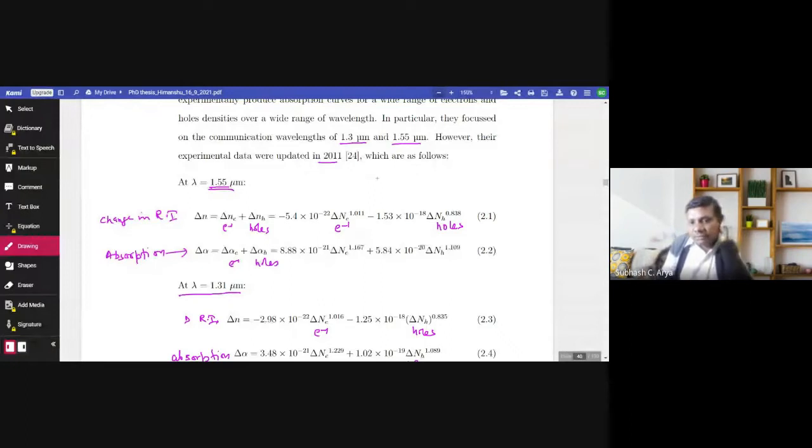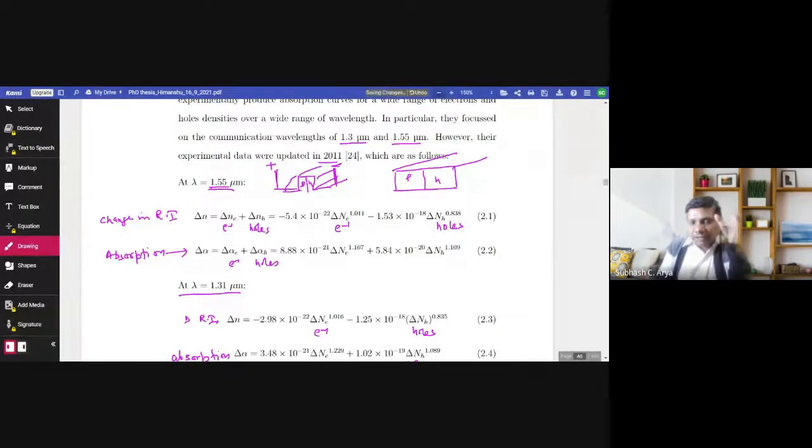Plasma dispersion effect occurs basically in a PN junction based optical waveguide. The structure is a rib waveguide, in which one side is p type material and the other is n type material, and we give some biasing, say positive and negative.